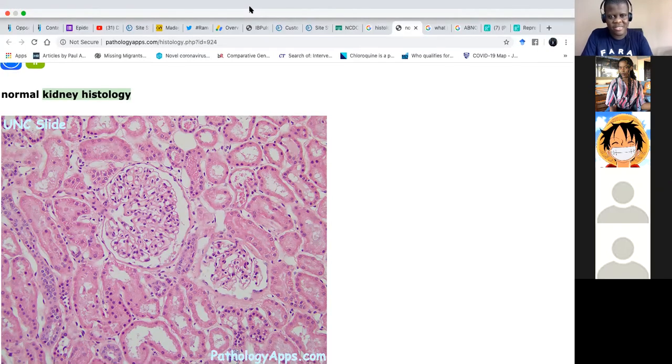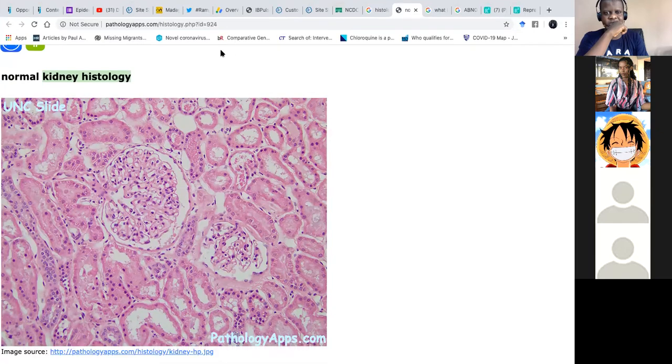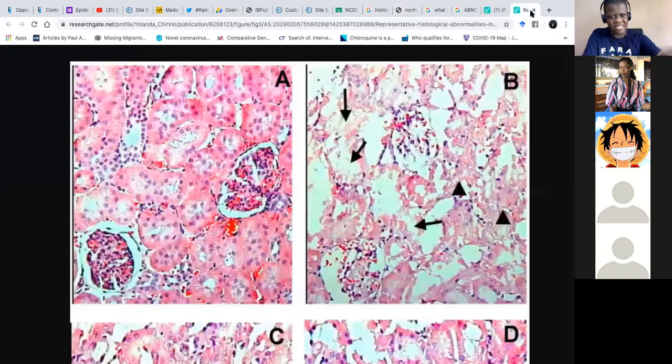What do you think is different, Simeon? Sorry, I don't know. I'm not expecting you to be perfect. What can you see? Look at this entire slide without focusing on anything. Look at this A. What is different in the pattern?